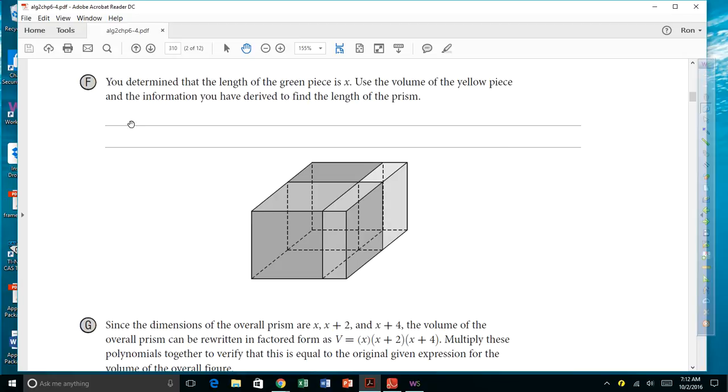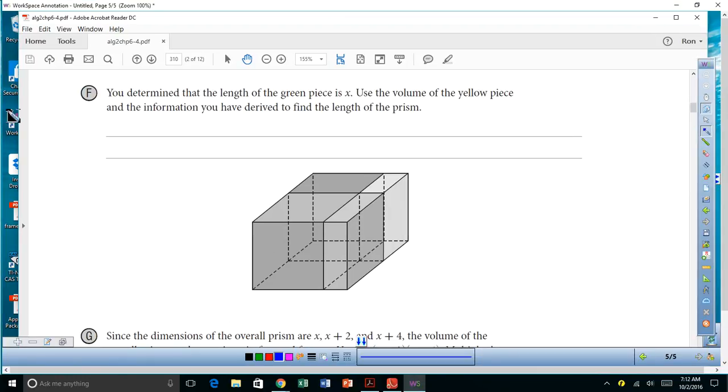Well, let's see. The yellow volume was 8x, right?